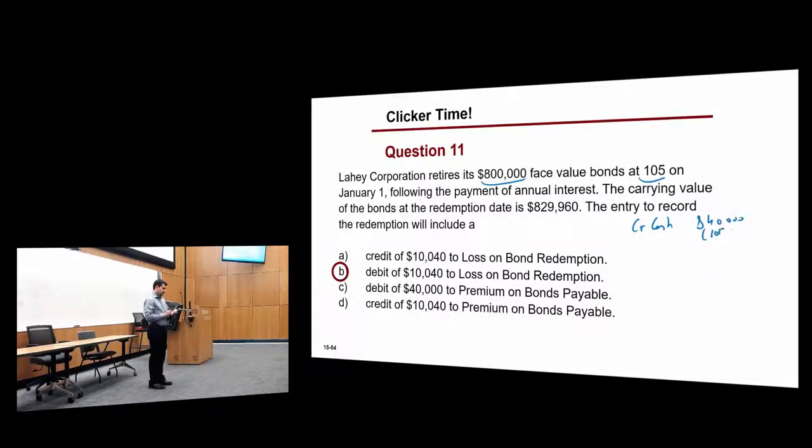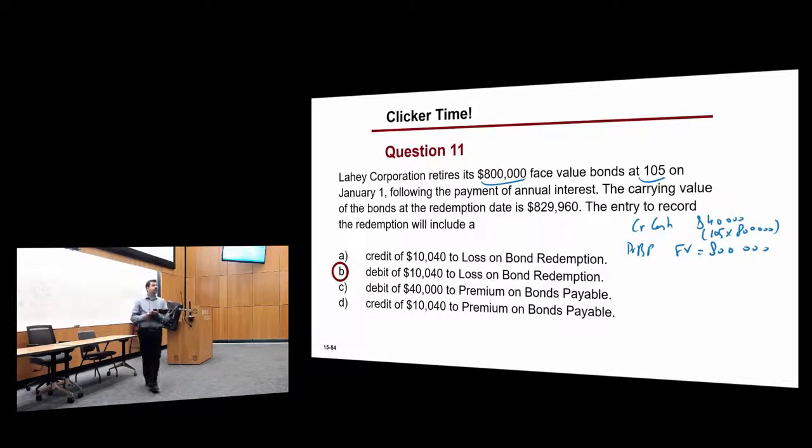That's 105% multiplied by 800,000. This is the amount that will be credited to cash. Bonds payable, always the same thing. Bonds payable will be debited how much? $800,000. Bonds payable, always at face value, which is 800,000.